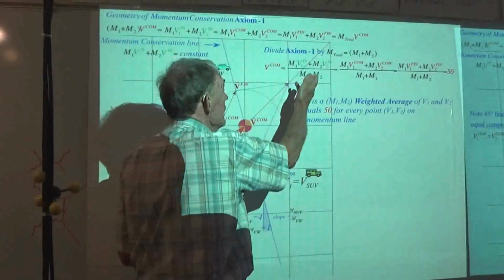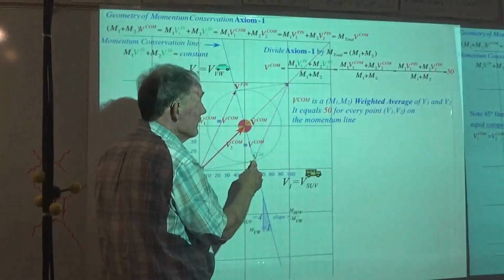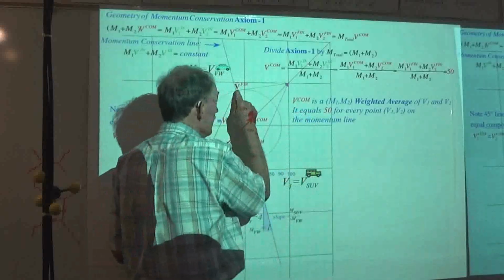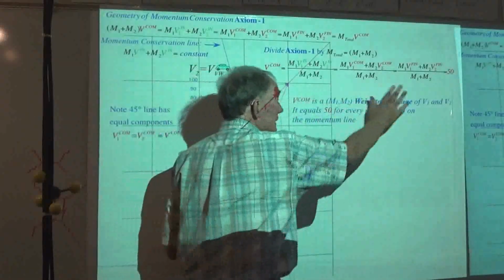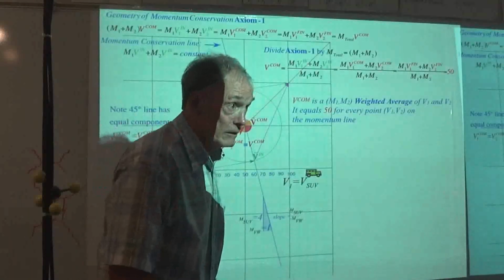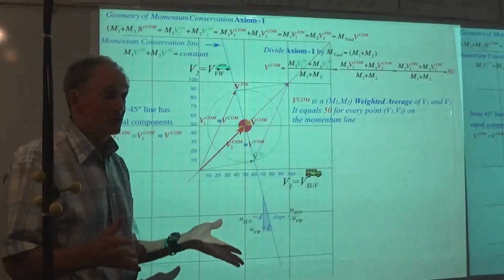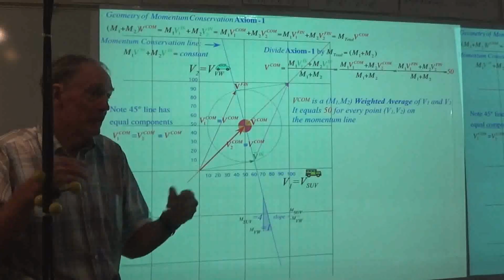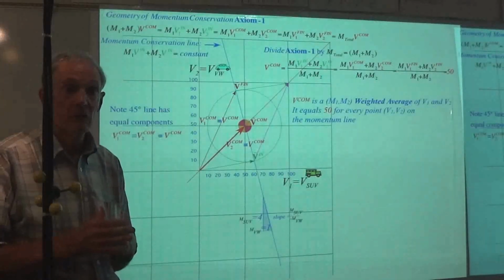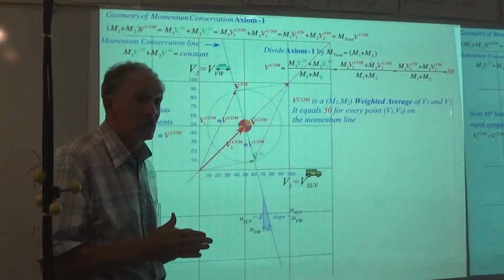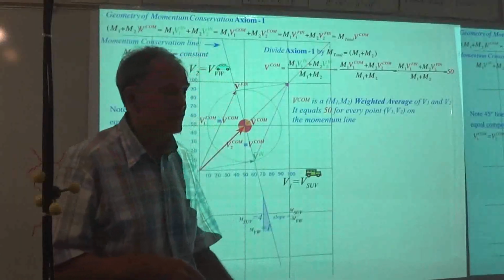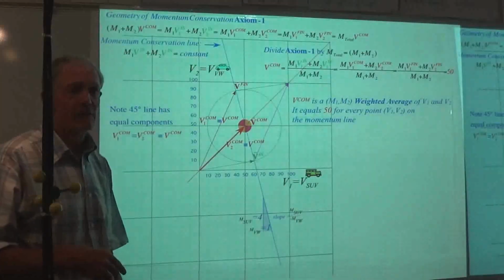A weighted average for this point, a weighted average for this point, and a weighted average for this point, all being equal. Okay, that's the axiom 1, conservation of momentum, at work, making some mathematical expression. Okay, is that clear? Because this is what we're going to base all of our stuff on. It gets us kinetic energy.